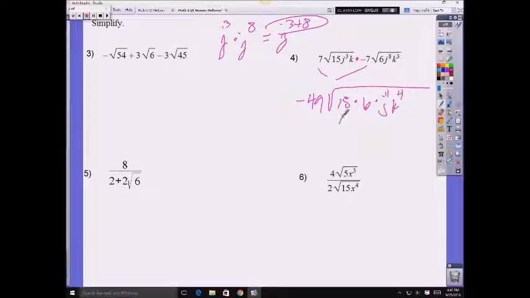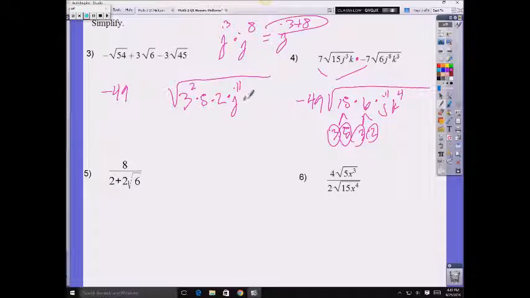Okay, now 15 is made of a 3 and a 5, and 6 is made of a 3 and a 2. So there is my square. So here's what I've got. I got negative 49. Square root, I've got 3 squared times 5 times 2 times j to the 11 times k to the 4.